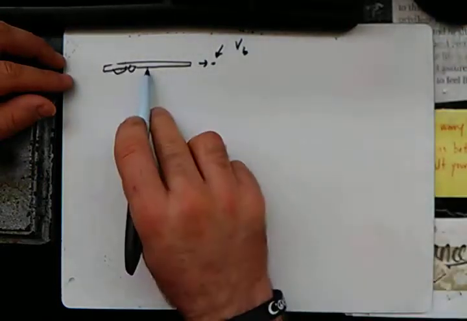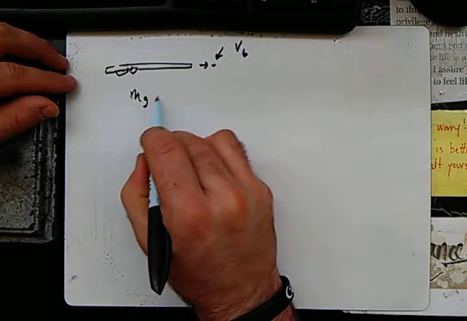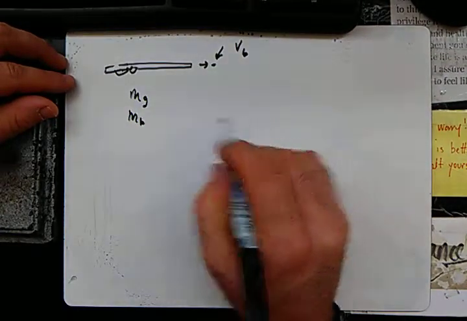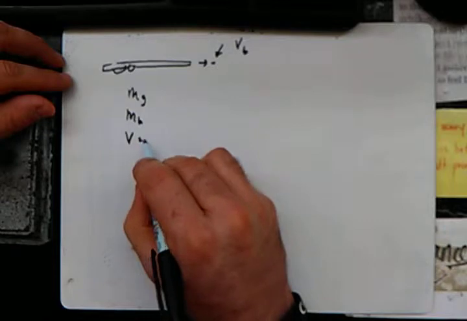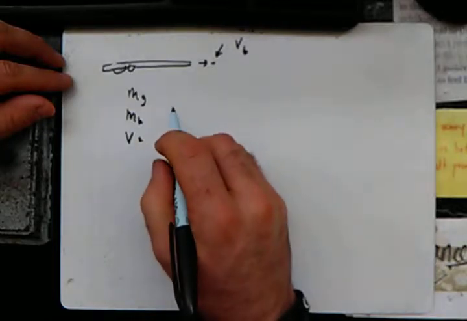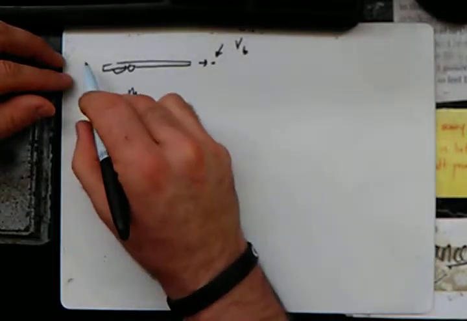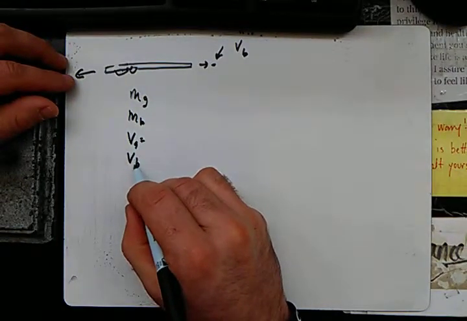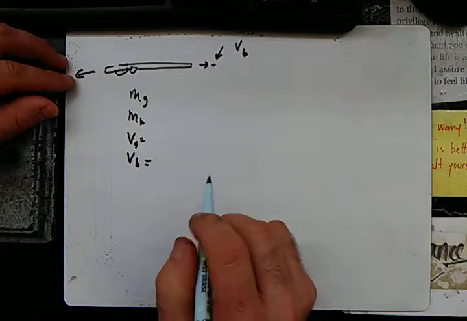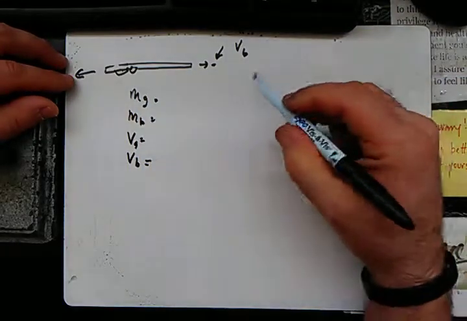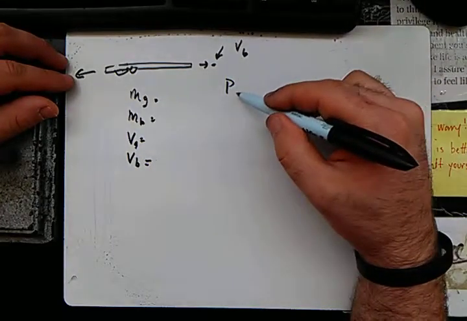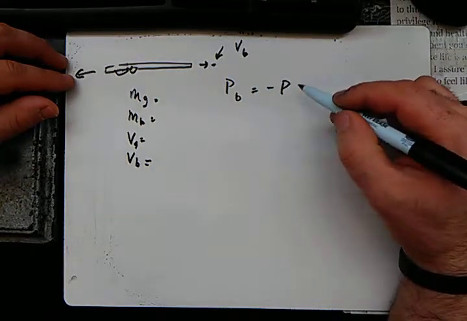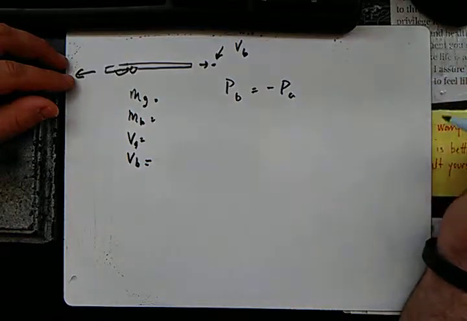I'm going to give you the mass of the gun, the mass of the bullet, and the recoil velocity of the gun. That's this. And we're going to look at what the velocity of the bullet is, given that we know momentum before equals negative momentum after.